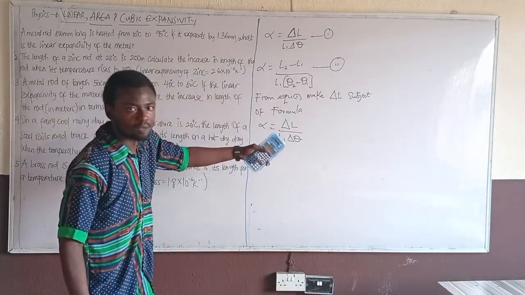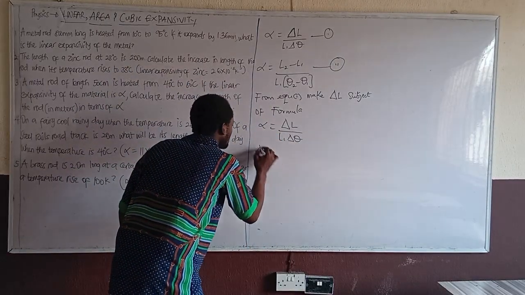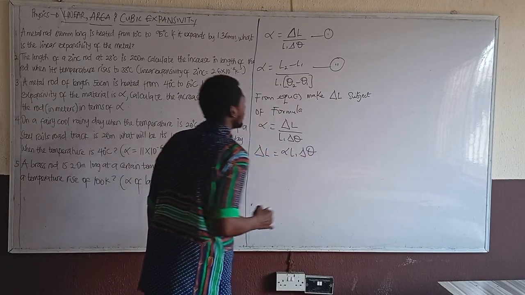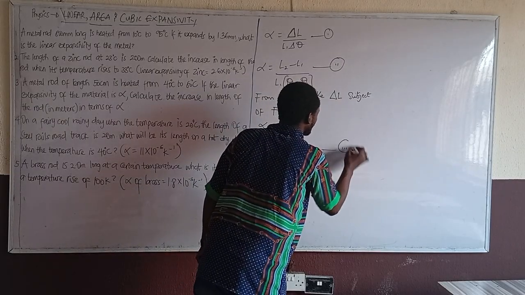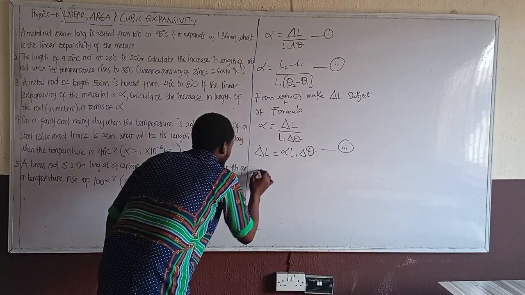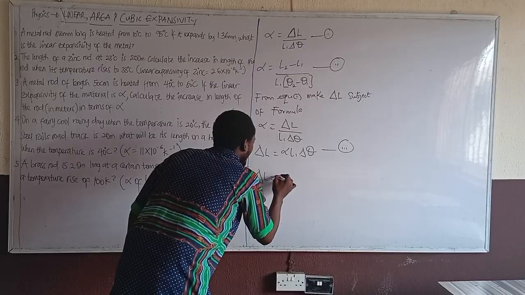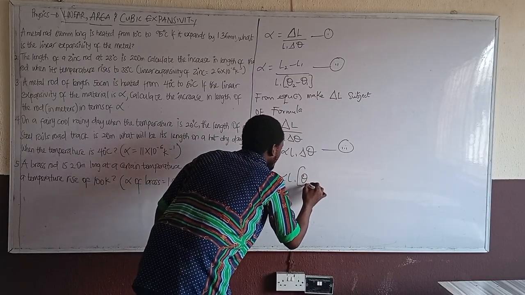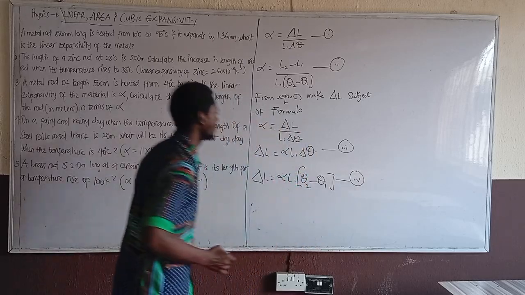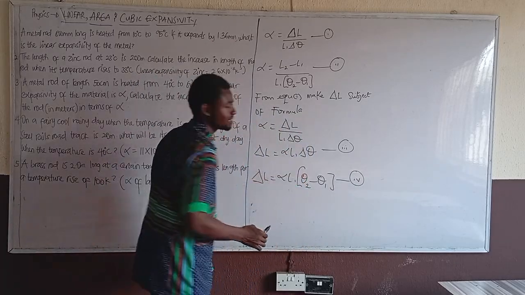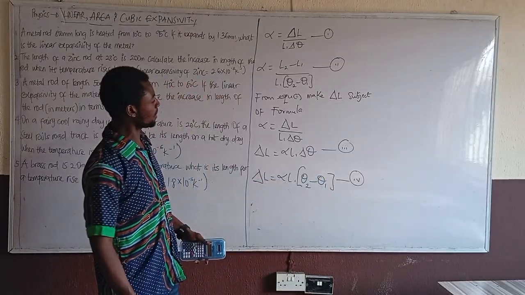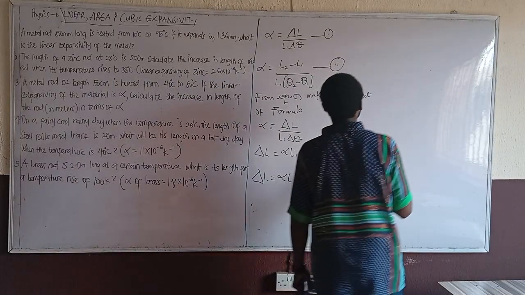Now making delta L the subject, it becomes change in length equals alpha L1 delta theta. I'll call this equation 3. And I move further to say delta L is simply alpha L1 theta 2 minus theta 1. I'll call it equation 4. Because change in theta, that is temperature change, is theta 2 minus what? Theta 1.